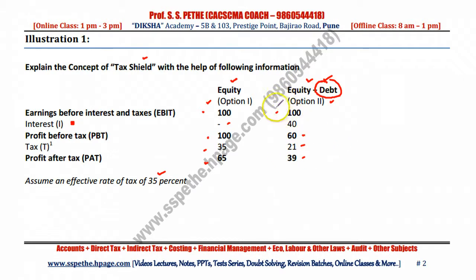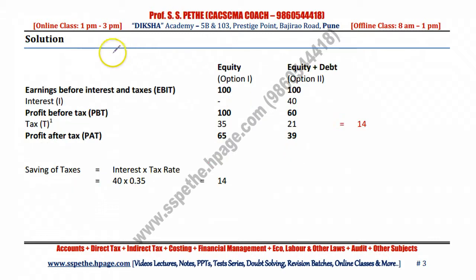Now in this illustration we have to understand the concept of tax shield. Tax shield का मतलब होता है tax को बचाना. If a company is paying interest, then by paying interest the company is trying to save the tax also. How to save the tax? This we can see with the example.